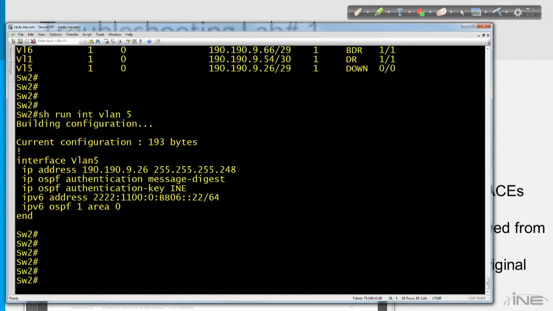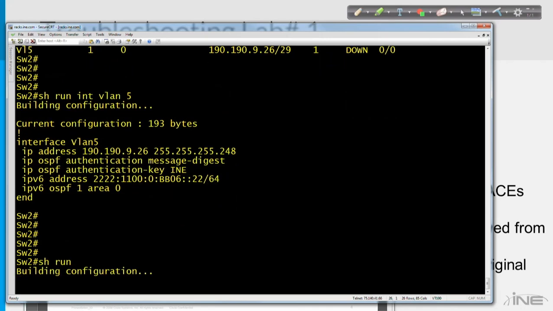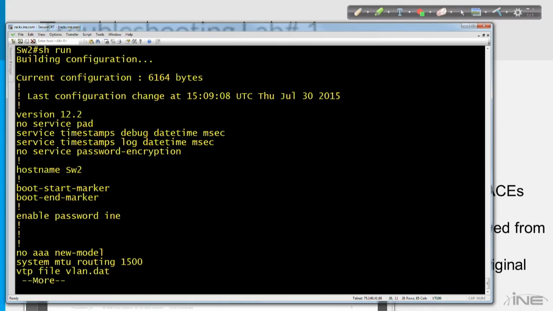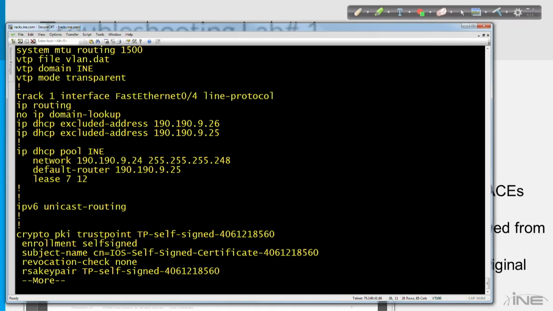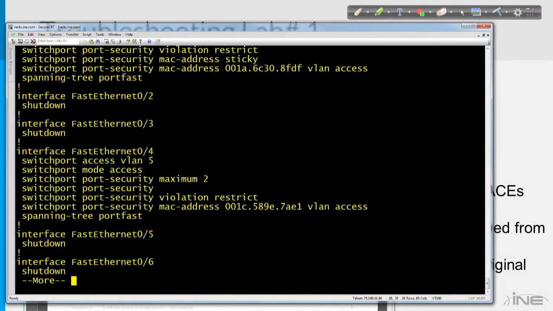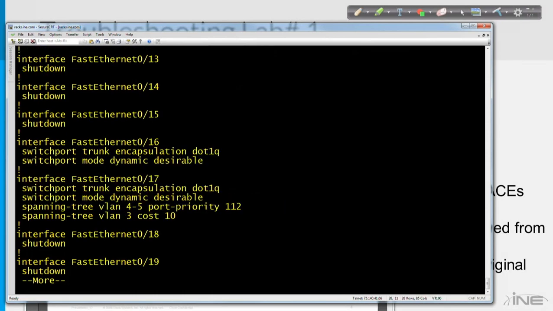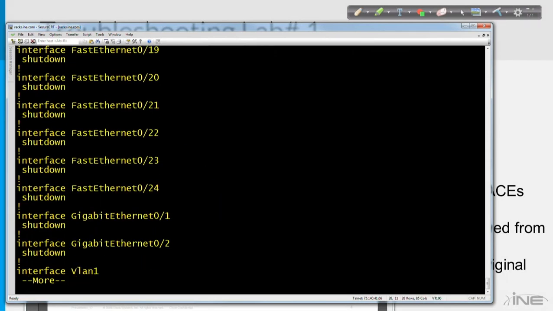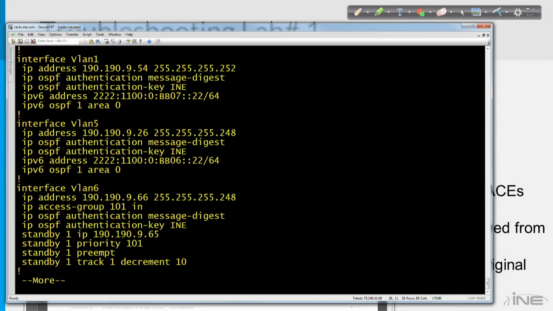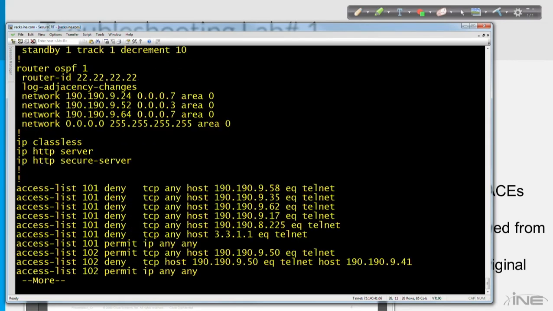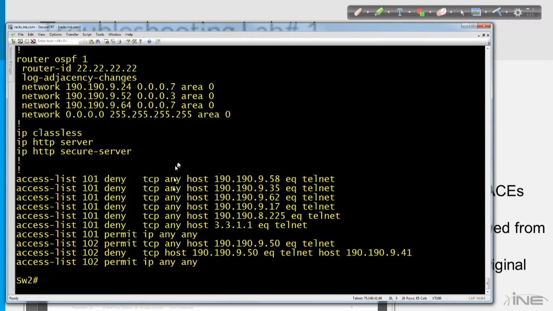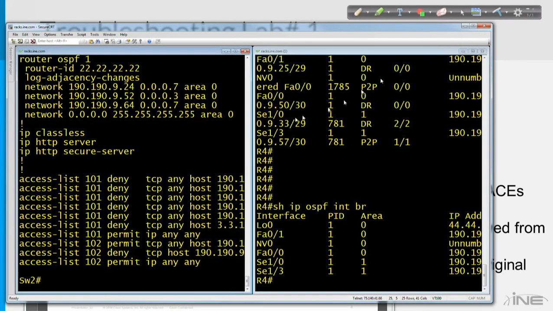No problem there. Let's look at our running config now and go down to our OSPF process and see if we can spot anything that would explain the lack of relationship between these two. There is our process on switch 2, show run section ospf.